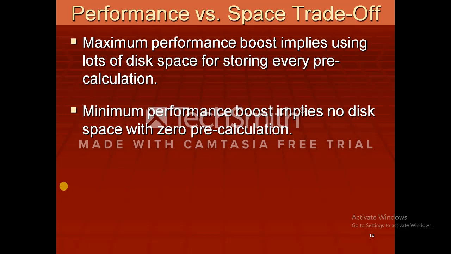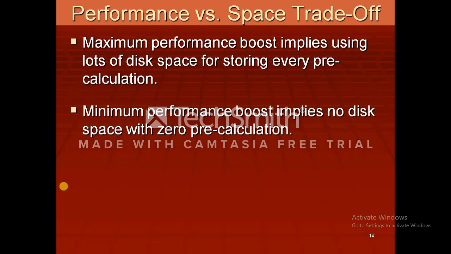Again, this depends upon how the DBA or the CEO wants to get the results. If the CEO is very strict and wants a result at the very moment he asks for it, you will have to choose space over performance.